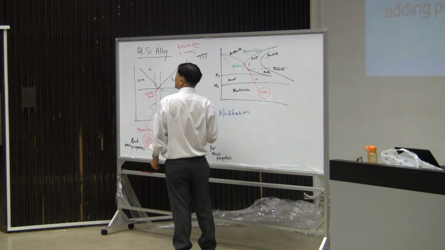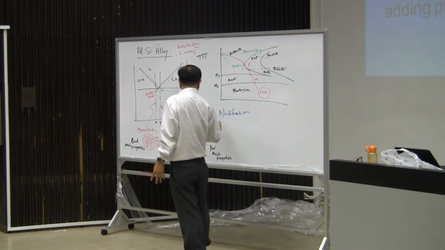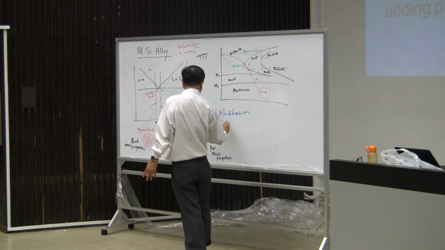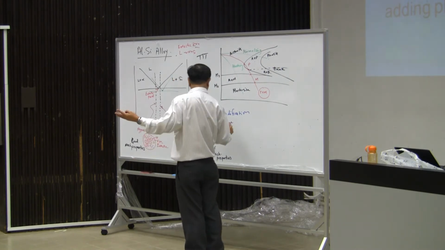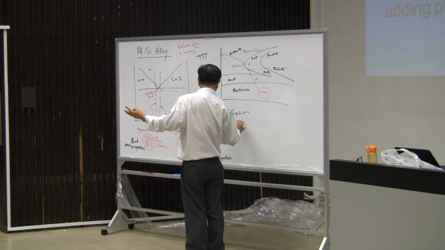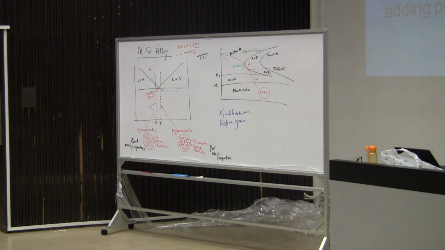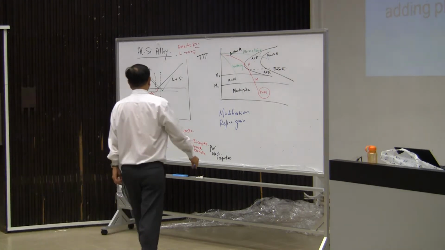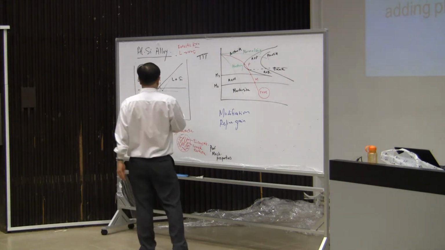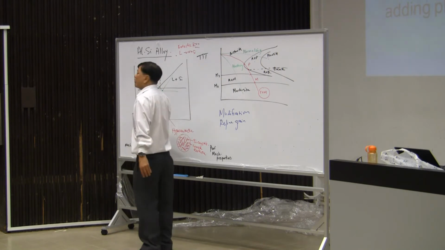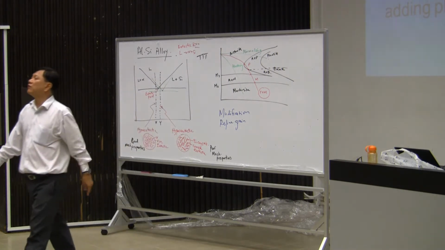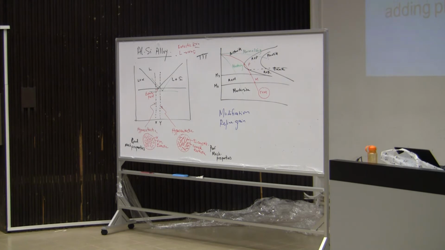What else can you do? Actually, I can refine the grain, isn't it? How do I refine grain? Add grain refiner. We have done this before, isn't it? What else? Here, what do you notice? I have got alpha. What is alpha? Alpha is a solid solution.